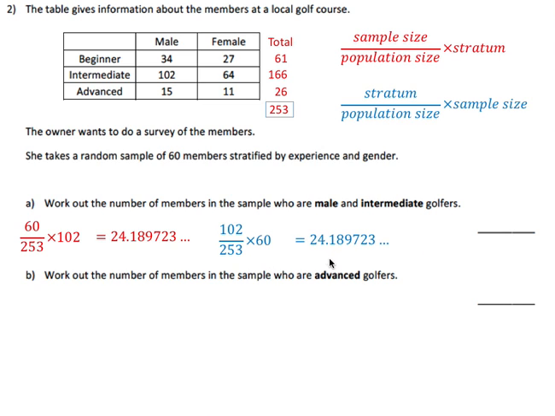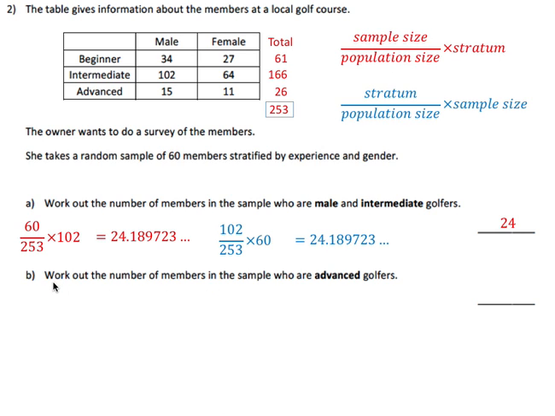Now obviously you can't choose 24.1897 people without chopping somebody up, so we just go for the nearest whole number, which would obviously be 24. We round down in this case. Sometimes we might have to round up.